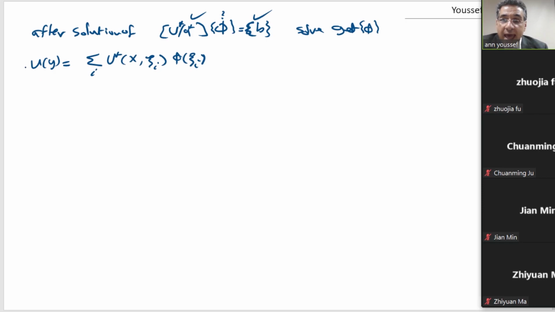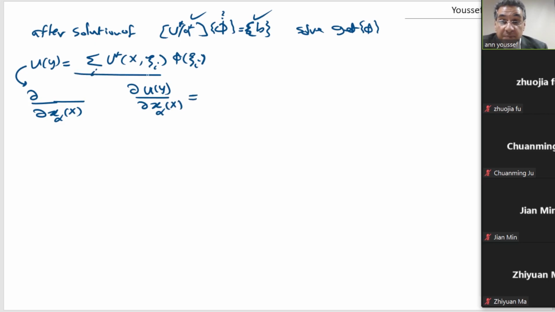Okay? And we can differentiate with respect to x alpha of x. We will get du of y by dx alpha of x equal to this part. We are going to differentiate it because it has x.